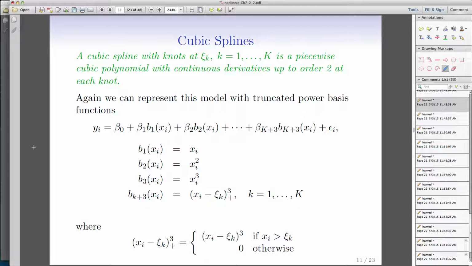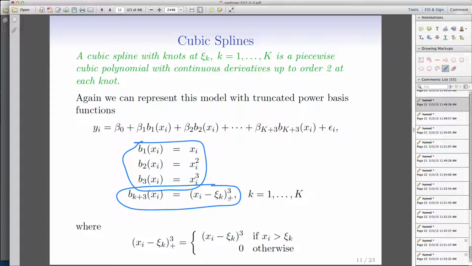The cubic splines have three base functions all the time. So irrespective of how many knots you have, beta 1 is xi, beta 2 is xi squared, and beta 3 is xi cubed. From there on, any time you have a knot, you just add xi minus that knot, cubed.